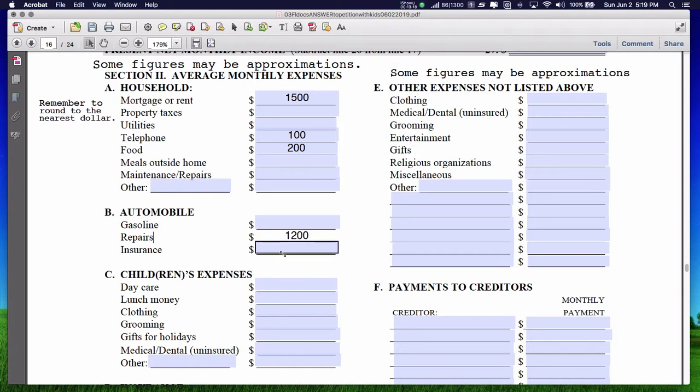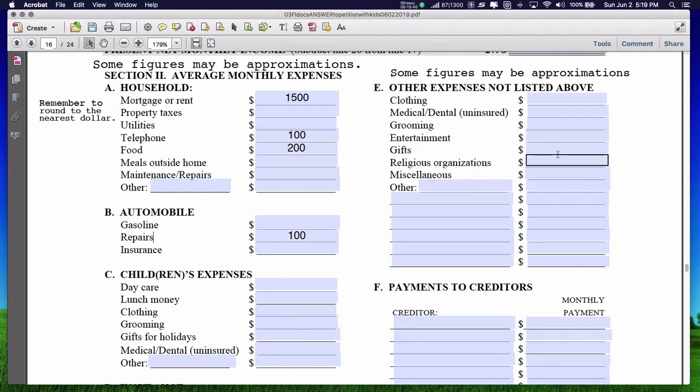But this is monthly. You're not going to put the $1,200 here, because you didn't spend $1,200 monthly. You spent $1,200 once during the year. So what do you do? You divide that by 12. There's 12 months in the year. So if you budgeted for $1,200, it'd just be $100 a month. Problem solved.